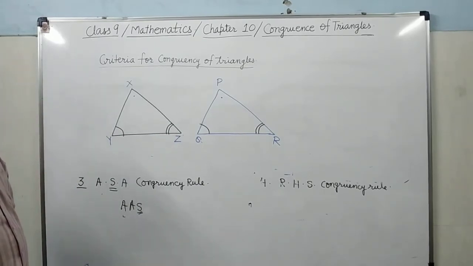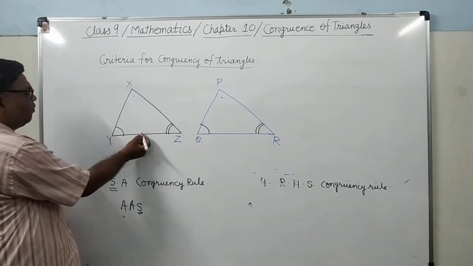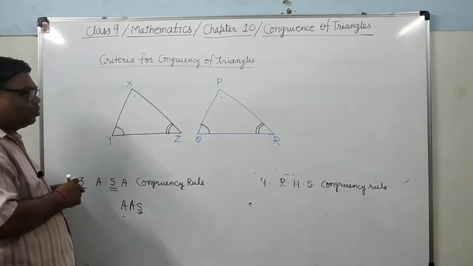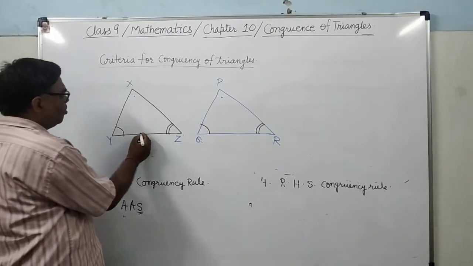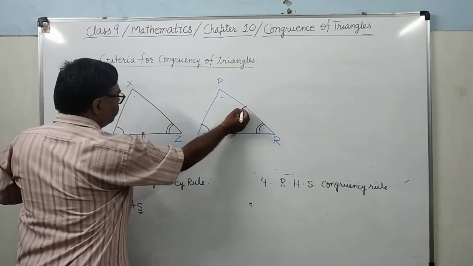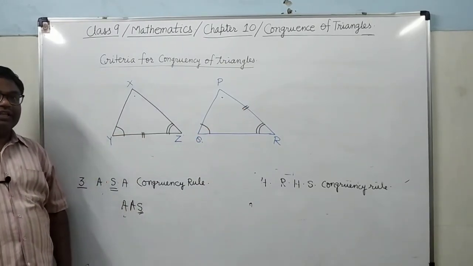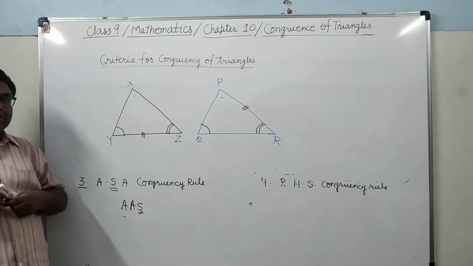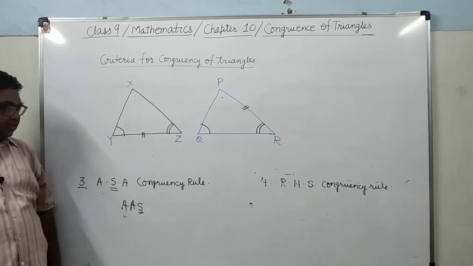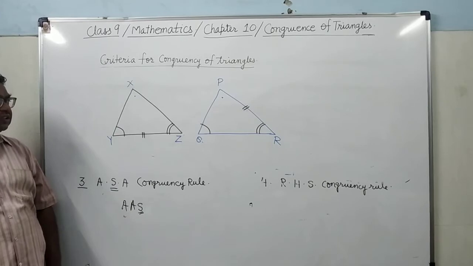Is it clear? Now if you see here, if YZ is given equal to PR, whether these two triangles are congruent. You can see here that they are satisfying AAS. Why?